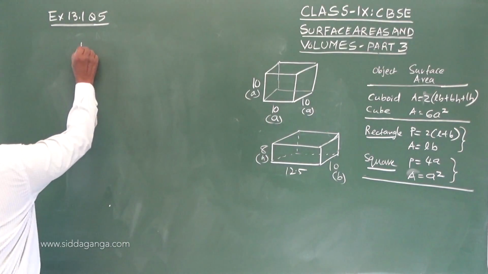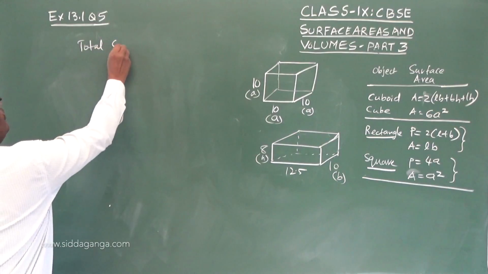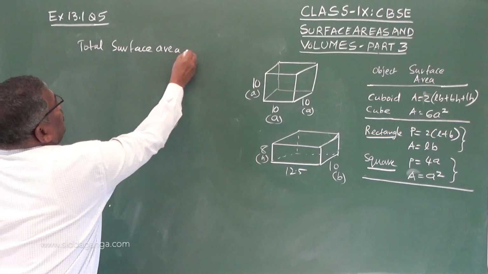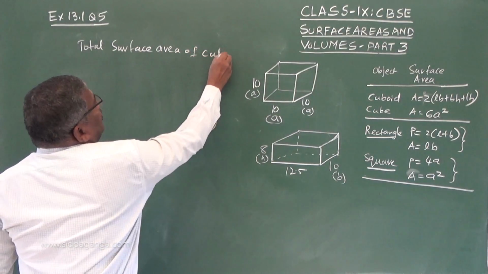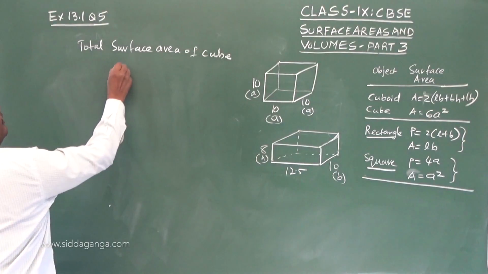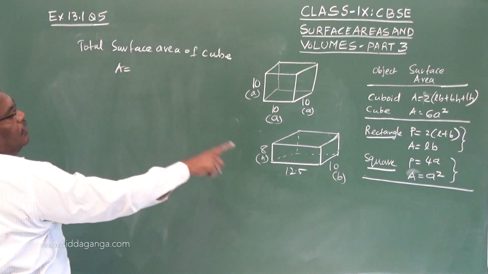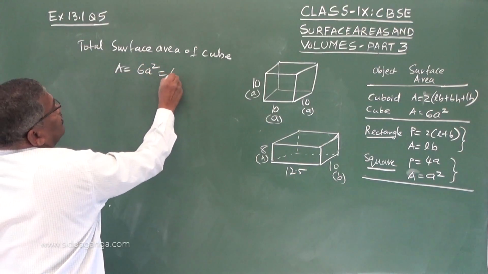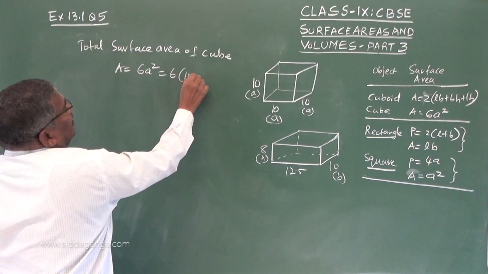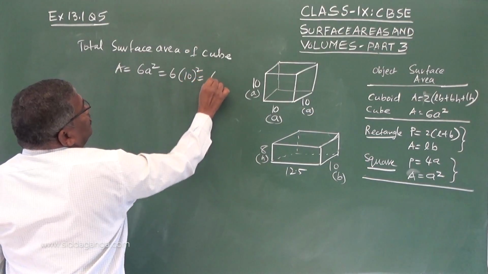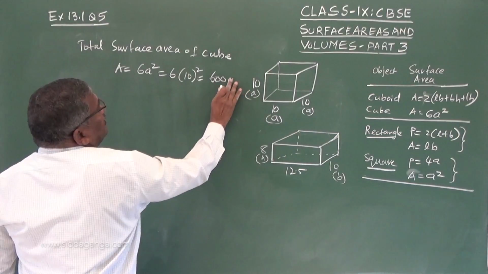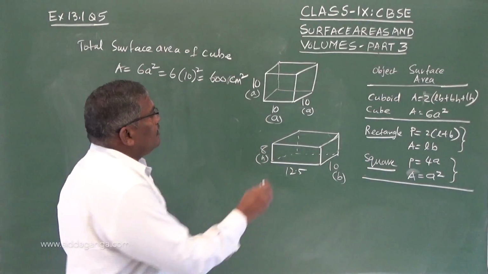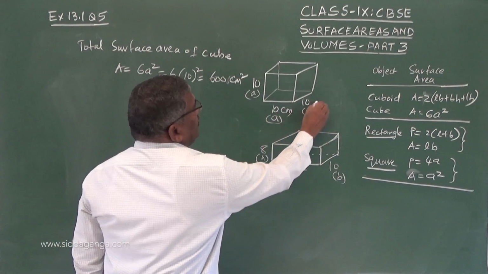Total surface area of cube equals, see, for a cube total surface area we have the formula 6a square, which is 6 into 10 square, equal to 600 centimeter square.